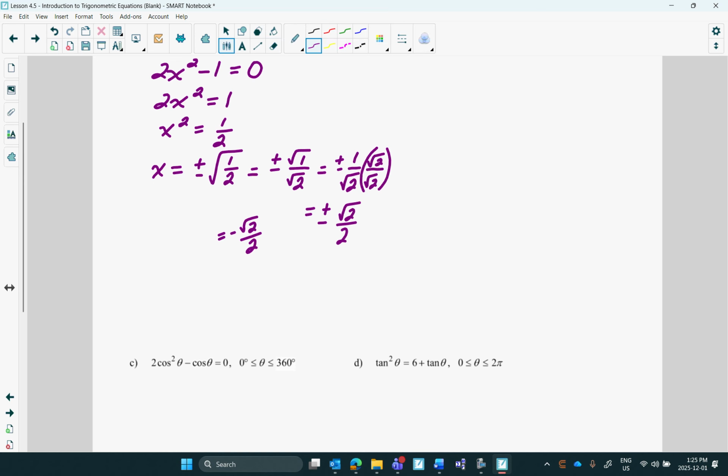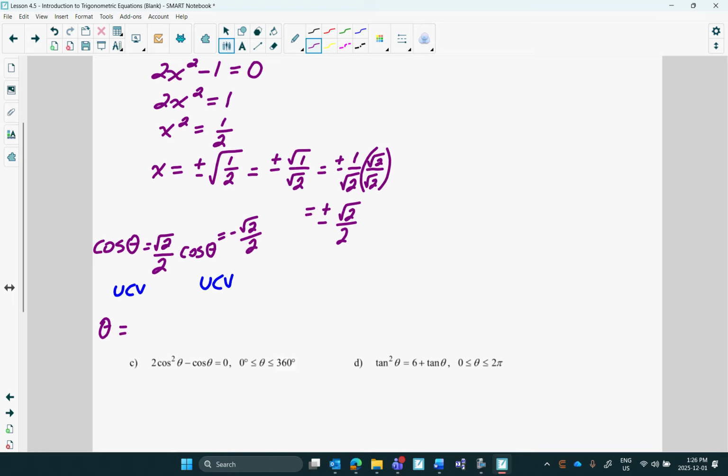Remember, we at the beginning replaced cos theta with x. Replace it back once you've solved. So cos theta equals root 2 over 2, or cos theta equals negative root 2 over 2. Are those unit circle values? Yeah. So both of them are, and we have to solve both equations.